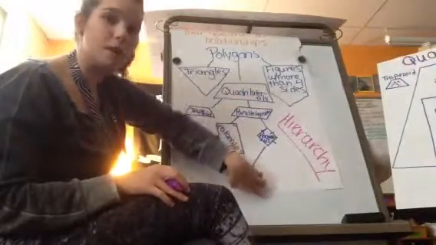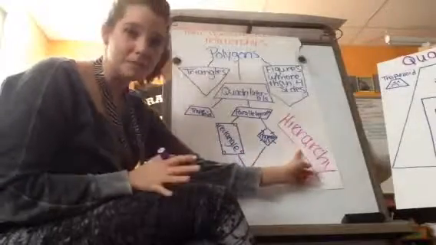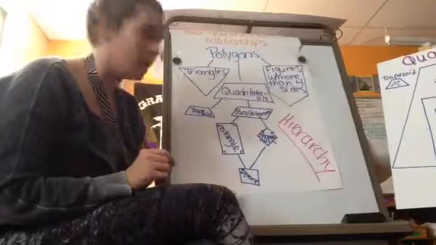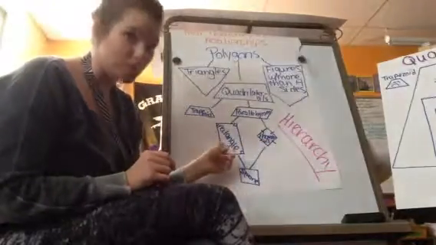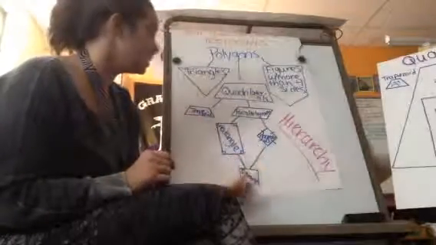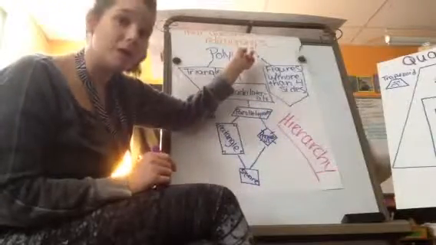And then we have square. So, if I were to classify the hierarchy of a square: a square is a rhombus, a square is a rectangle, a square is a parallelogram, a square is a quadrilateral, and a square is a polygon.